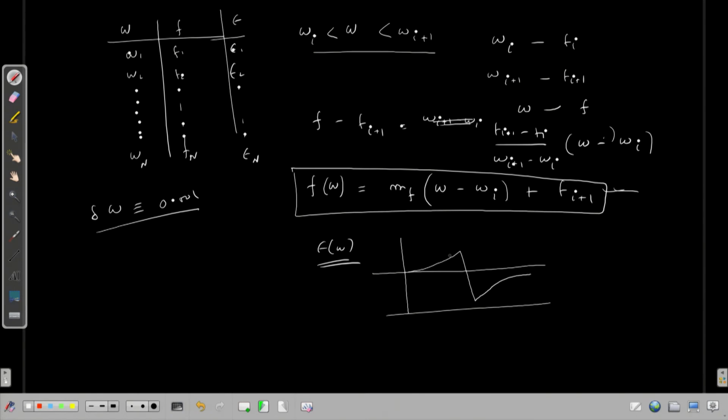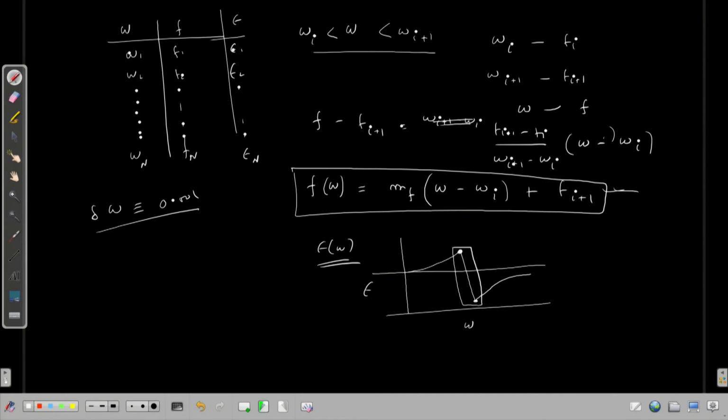So if your omega falls in between, then there are some situations where you can have problems. When there is a sudden change of the phase, which is very realistic, sometimes it is going up and suddenly it has an abrupt shift change, at that time this linear interpolation might not work.